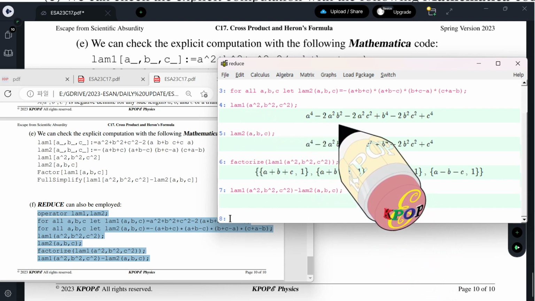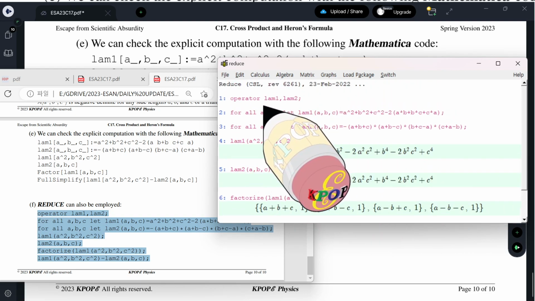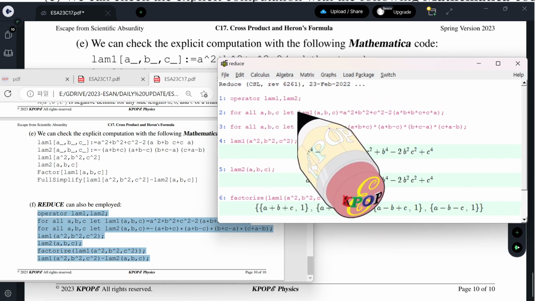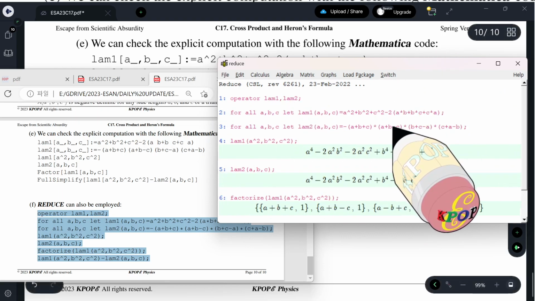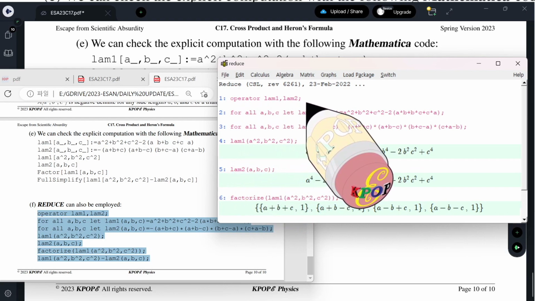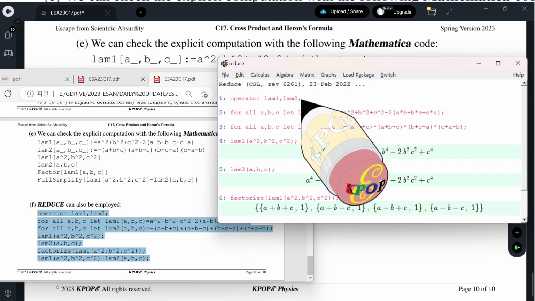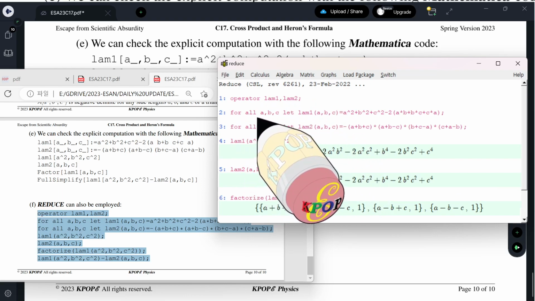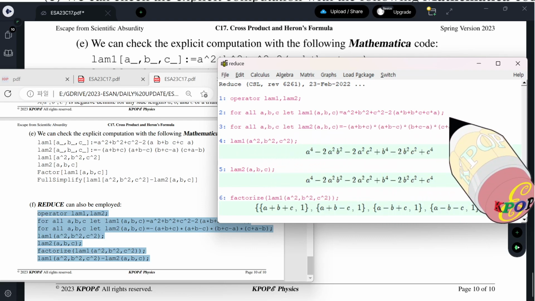You can find this is a Heron function. The grammar of Reduce is different from Mathematica, but logically the same. Operator lam1, lam2. This means I declare lam1 and lam2 are functions, as I'm defining the function.